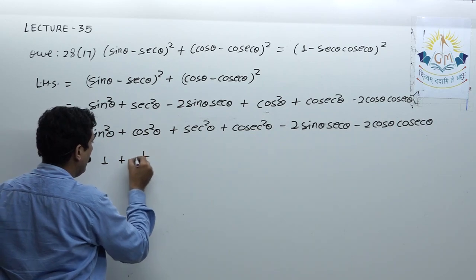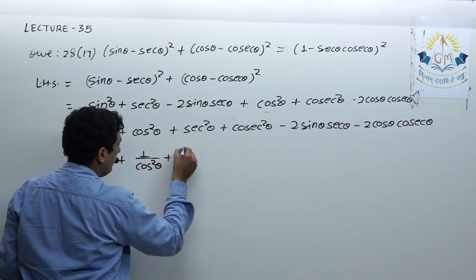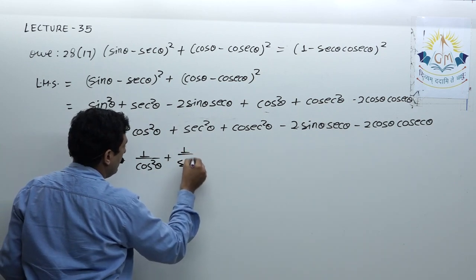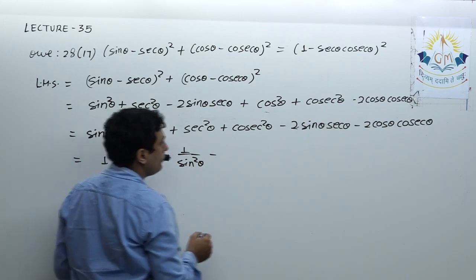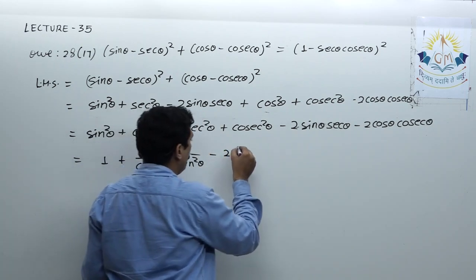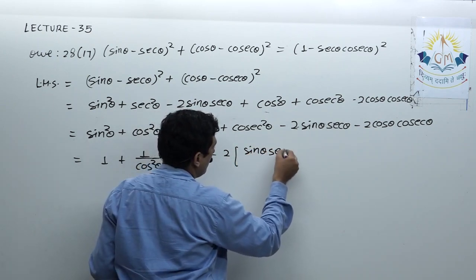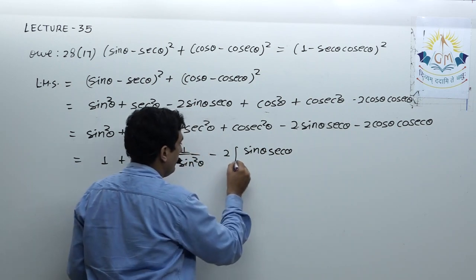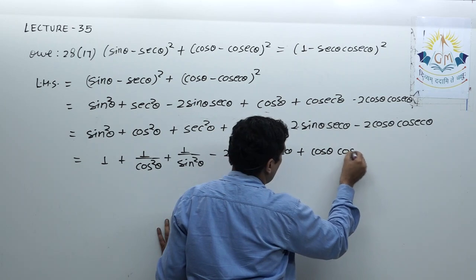So here I can write 1 upon cos square theta plus 1 upon sin square theta minus 2, I can take minus 2 common, so here I'll get sin theta sec theta plus cos theta cosec theta.